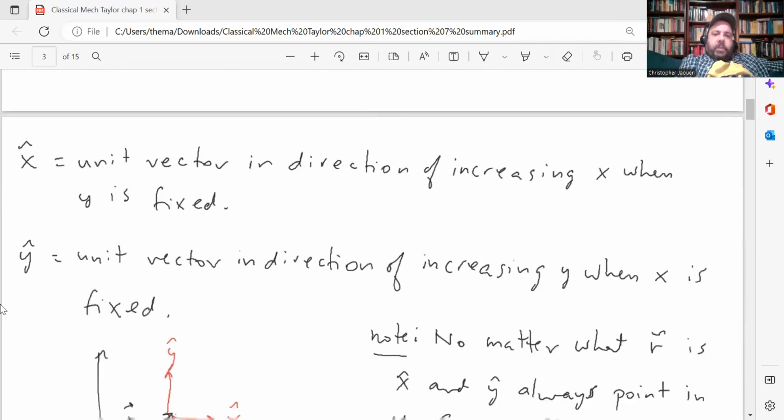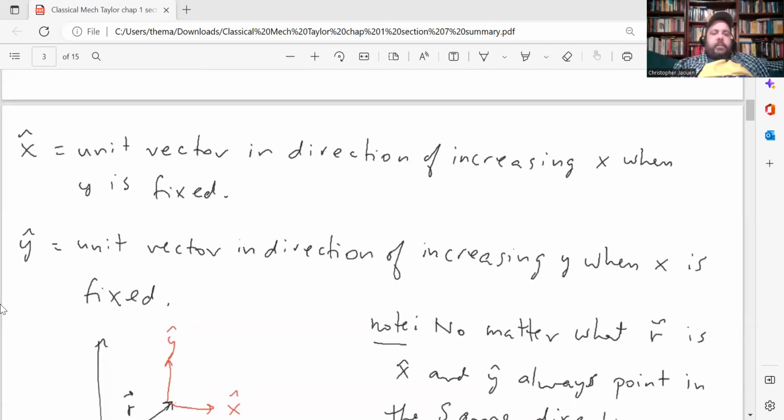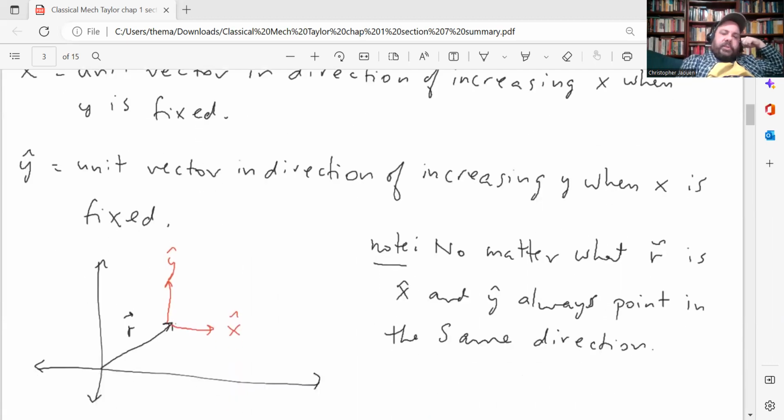Okay. So to define what we mean by the unit vectors in the polar coordinate system, he reminds us what we mean by the unit vectors in the Cartesian coordinate system, and we'll use a similar method for defining those unit vectors in polar coordinates. So x hat is the unit vector in the direction of increasing x when y is fixed, which you can see in the picture down here.